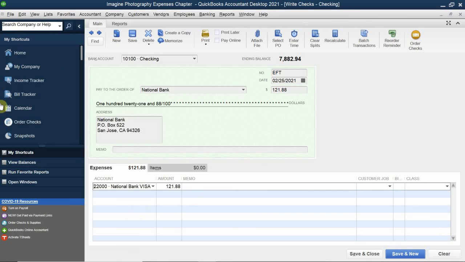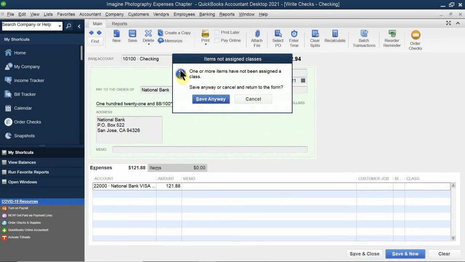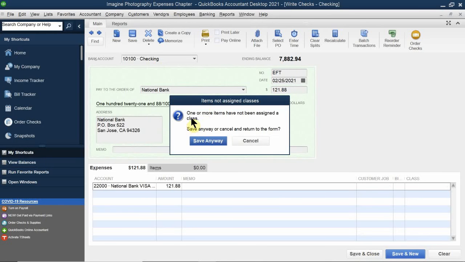And of course, it doesn't affect either class because it's a credit card payment. I'm paying in general for this credit card. So I can go ahead and click Save and Close. Now it says again, one or more items have not been assigned. Okay, so no class.